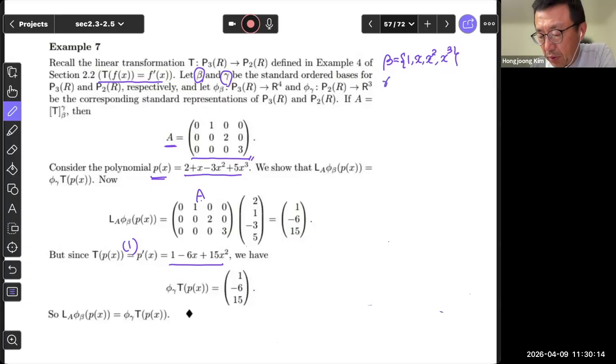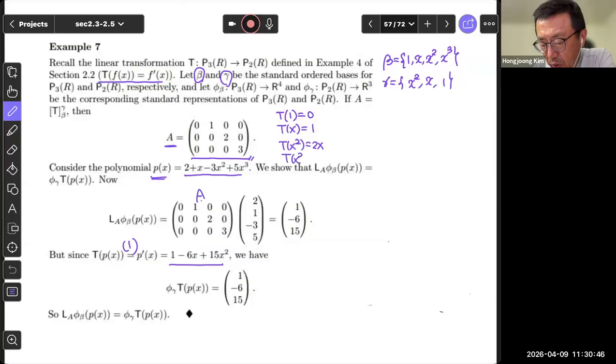Say gamma consists of x squared, x, and 1. I just reordered this. Then we need to find the corresponding A matrix, right? So how can I find A? You first map each vector in beta. So T of 1 is 0, T of x is 1, T of x squared is 2x, and T of x cubed is 3x squared.